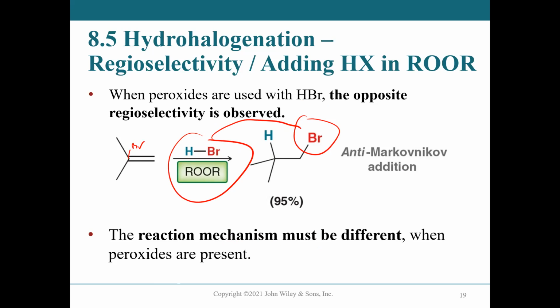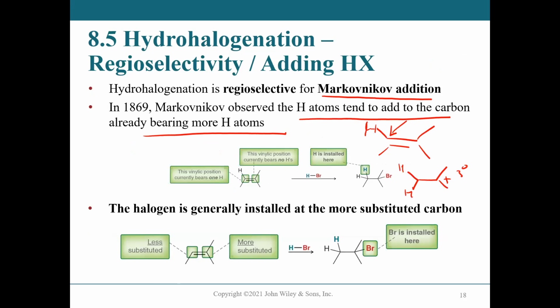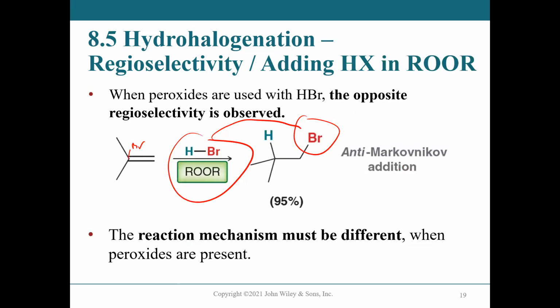If we just take a look at this slide, we added the bromine to the more substituted side. And here we added it to the less substituted side. And that's because we changed the conditions.